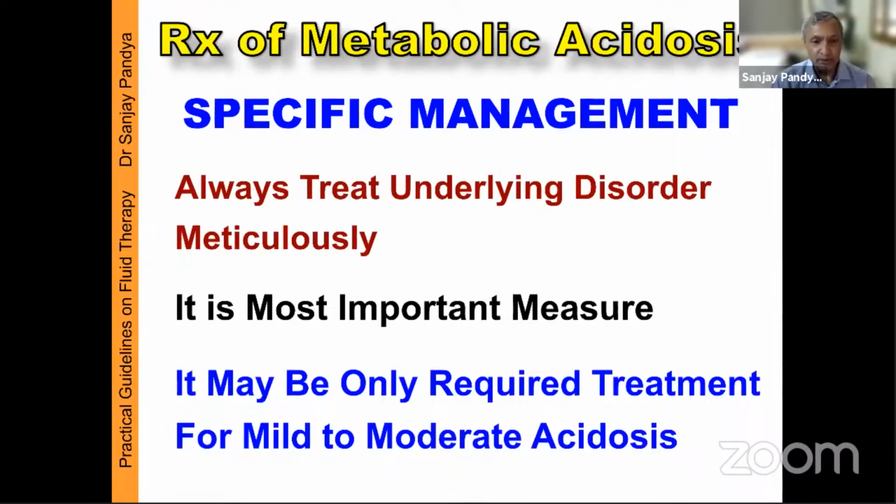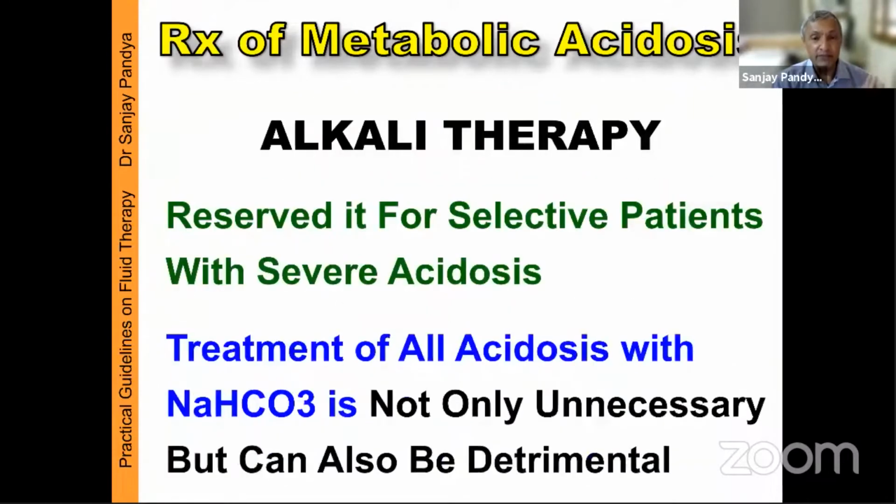But if the patient has mild to moderate acidosis, treatment of the underlying problem may be enough. Alkali therapy should be reserved for selected patients with severe acidosis. Treating all acidosis with sodium bicarbonate is not only unnecessary, but can also be detrimental.